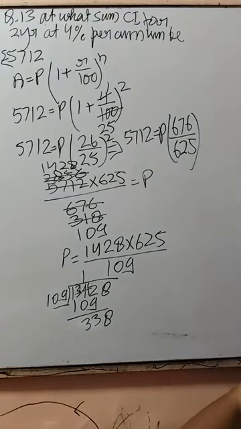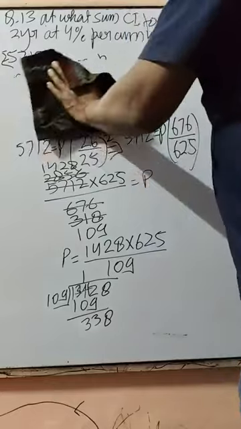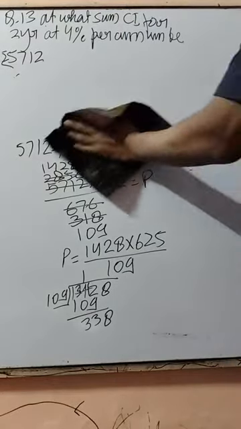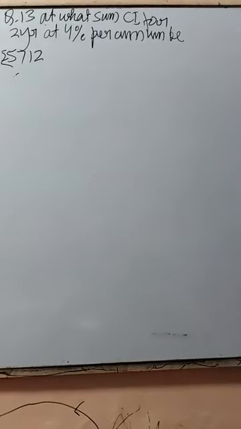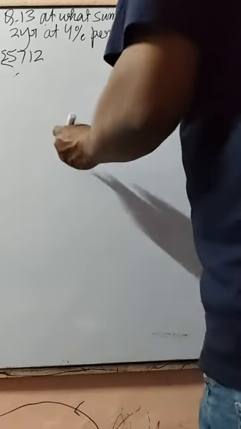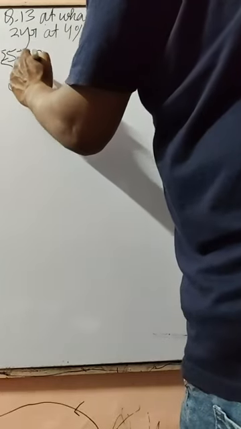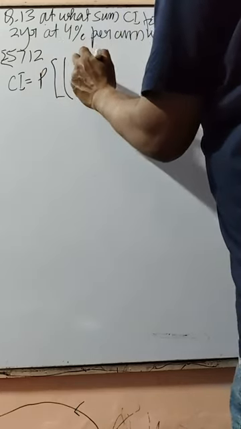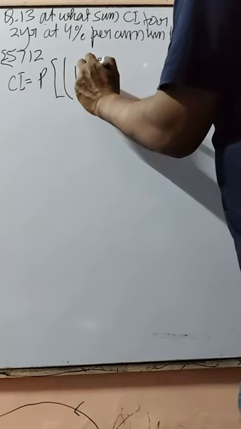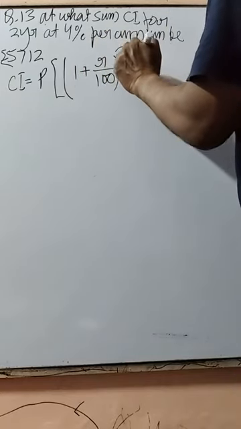It's not amount, yaar. CI is equal to P bracket 1 plus R upon 100 raised to the power 2 minus 1.